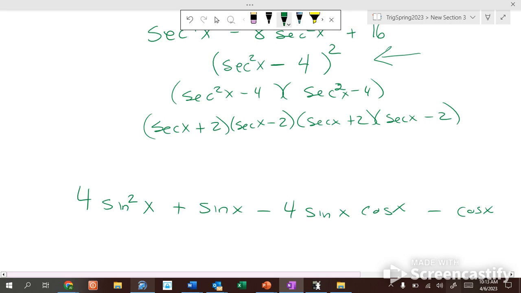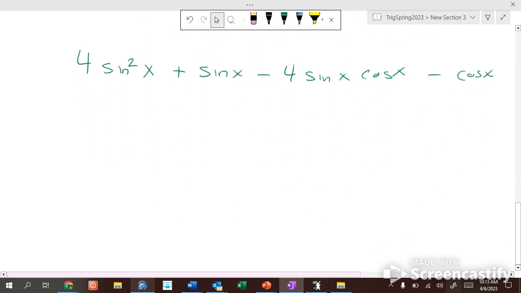I think that's right. When you have 4 things, you got to think grouping.